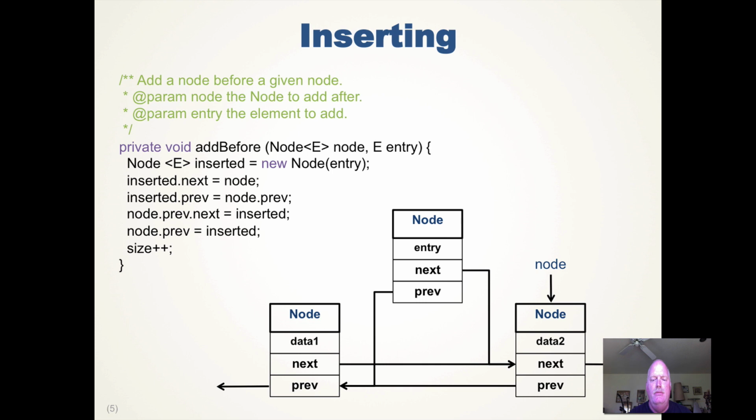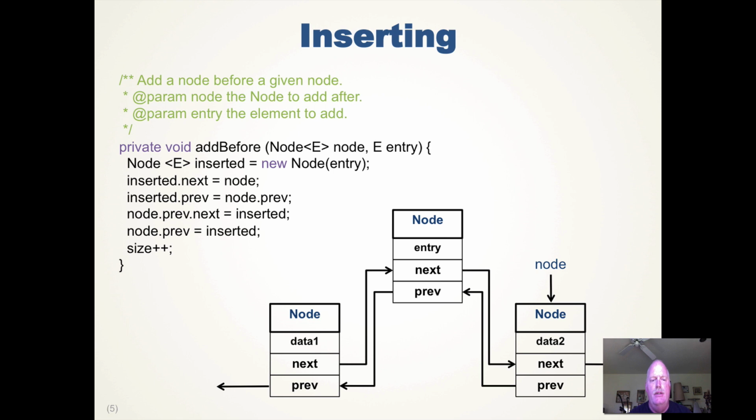And so now we need to fix the pointers of the formerly previous node and node. So node previous next now needs to point to the inserted node, and node previous needs to point to the inserted node.